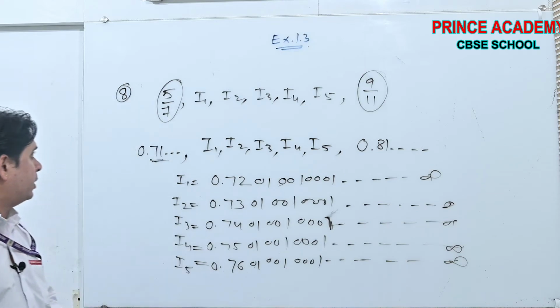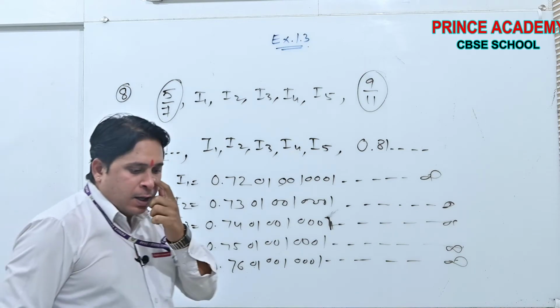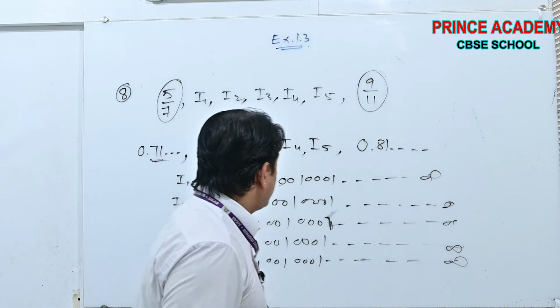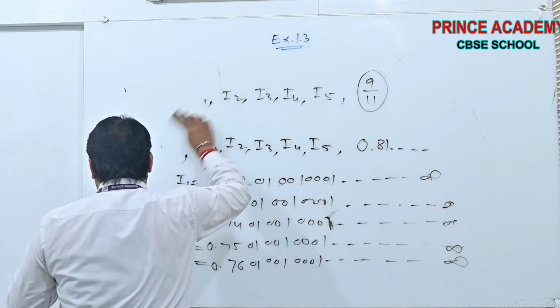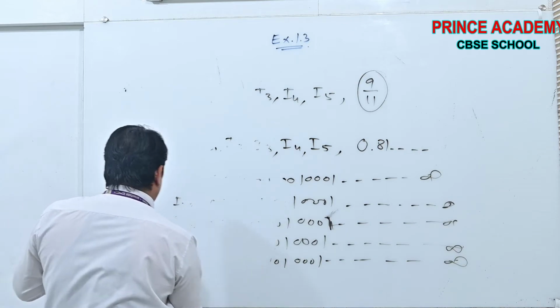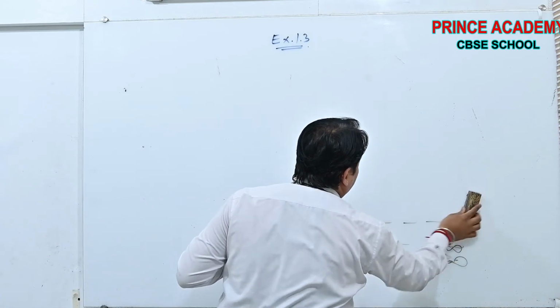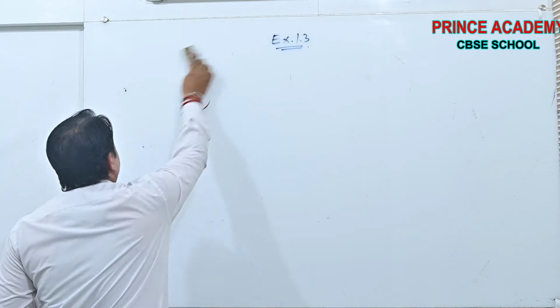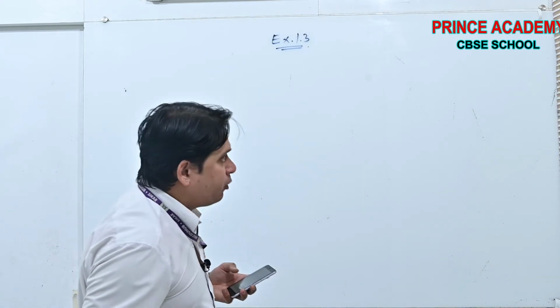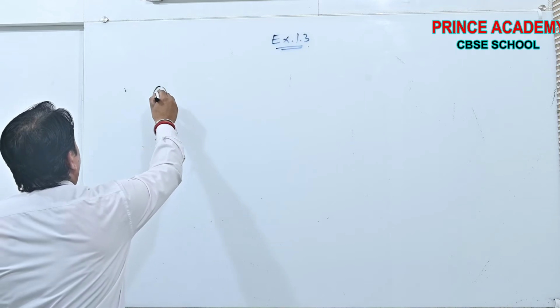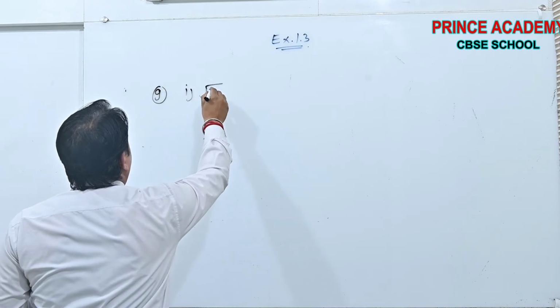Take the screenshot. Done. Now see question number 9. In question number 9, some parts are given where we have to classify which is irrational and which is rational. Part first: root 23.